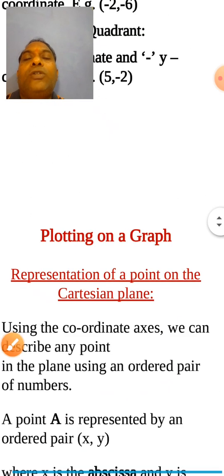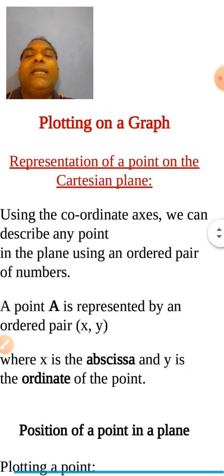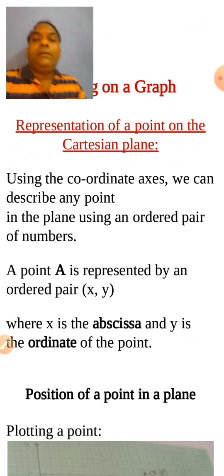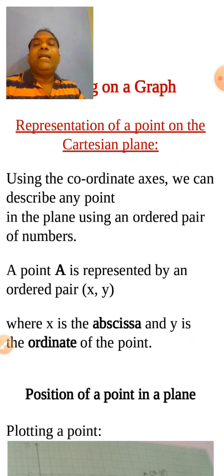Now points on a graph. Representation of a point on the Cartesian plane. Using the coordinate axis, we can describe any point in the plane using an ordered pair of numbers.